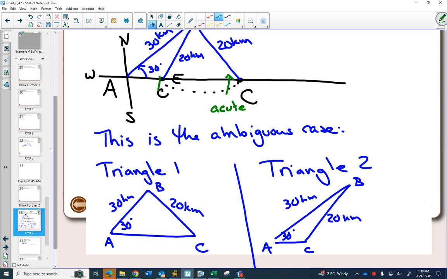And in the other triangle, angle C will be obtuse. So notice in triangle 1, this angle is less than 90 degrees, but in triangle 2, now the angle C is bigger than 90 degrees.